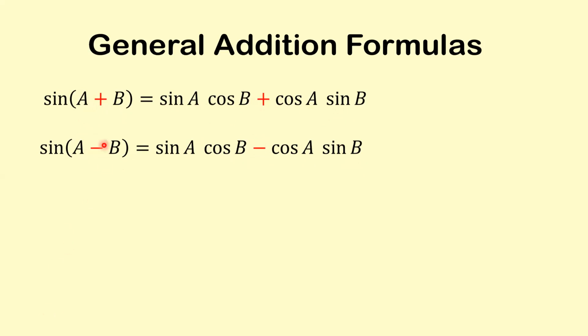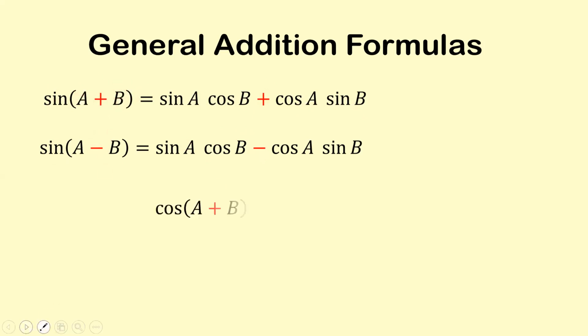Minsan sinasabi ko sa mga students ko, if that's a sign, we follow the sign. Okay? That's why following the sign, if this is plus, this will be plus. Again, if this is a sign, we follow the sign. So if that's a minus, this will come up minus. Again, sine expansion is sine cos, cos sine. Okay? If that's A, B, you have A, B, A, B. Take note that these are variables representing random values of angles.